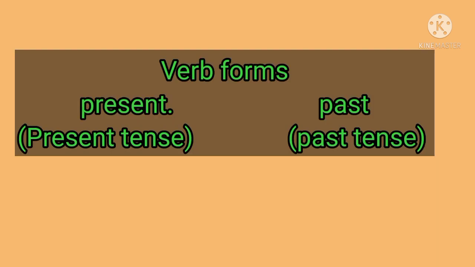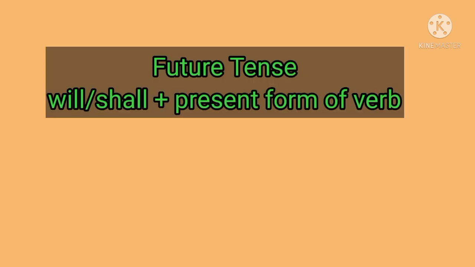However, in English, we have only two forms of the verb, that is present form and the past form of the verb. The present form of the verb indicates present tense, while the past form of the verb indicates past tense. However, the future tense is indicated by using will or shall before the present form of the verb.